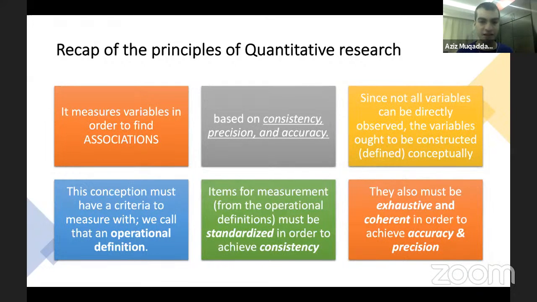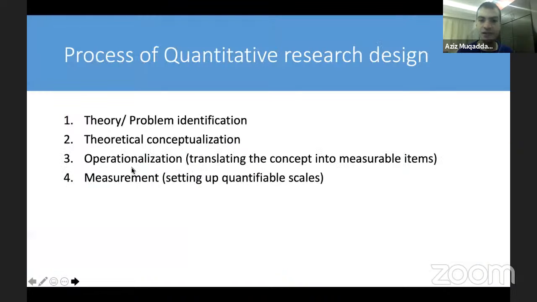And those statements, we say, ought to be exhaustive and coherent. So they make sense coming together, and they also cover all the aspects of the variable you're testing, and not only a small aspect of it. That's something we're going to talk about later in the semester. So to remind you of the steps we showed on a slide before: you start with a vague notion about something, then you come up with a theoretical conception, what we call a conceptual definition.